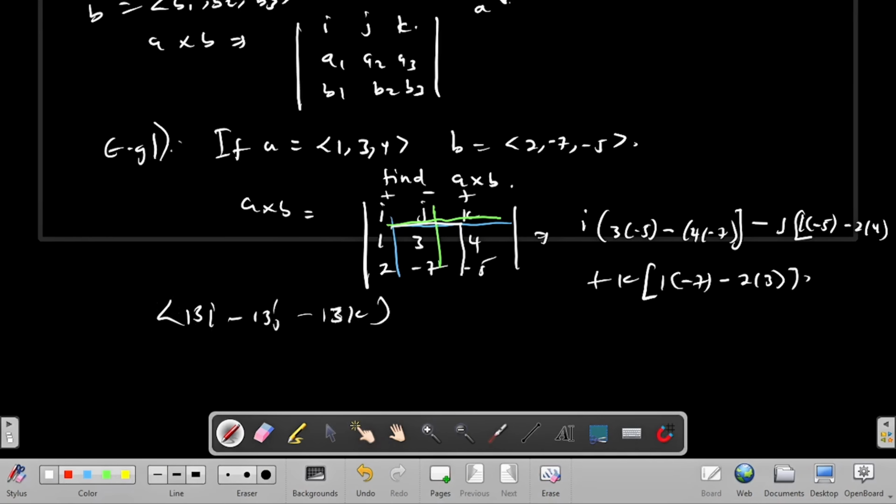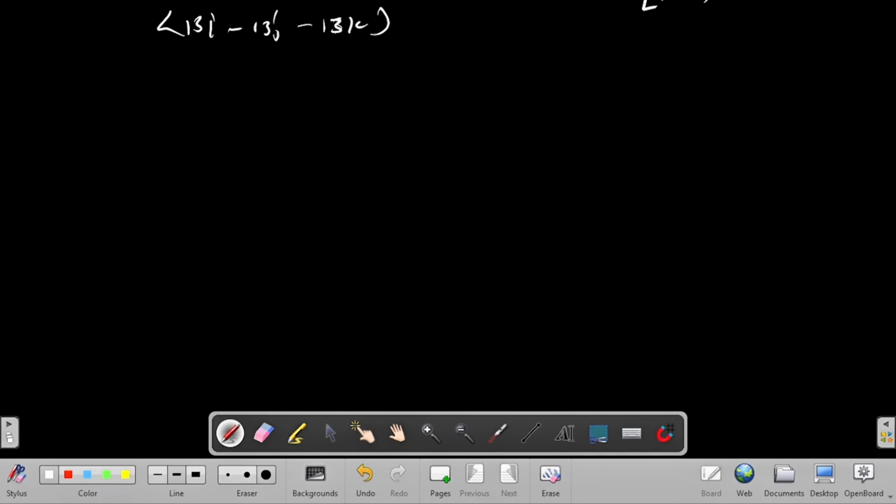That is all. In cross products, there is another corollary here which is going to be so useful. It can help us find the angle between two vectors as well as the dot product did, since you are dealing with angles. That can also help us a lot. So let's see how that is done.